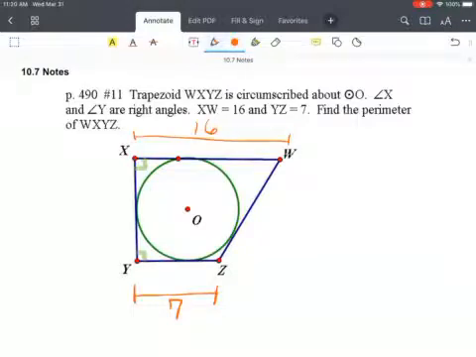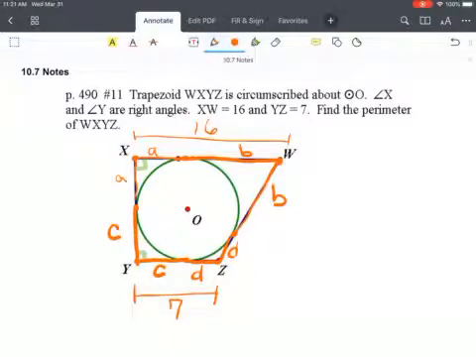If we don't know all of the measures, let's just call the first part there A. And if that little part from that vertex, that tangent is A, then we know that one is also A. And then we could label the other part out to W as B, which means W down to this other tangent would also be B. And then same thing on the left side, to Y would be C, which means the other one would also be C. Then we could lastly mark those last 2 D and D.